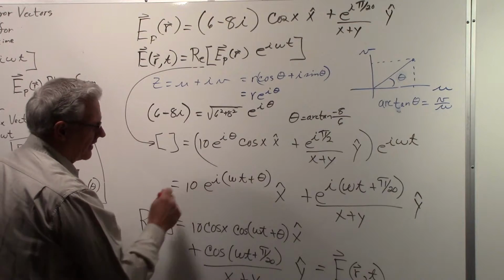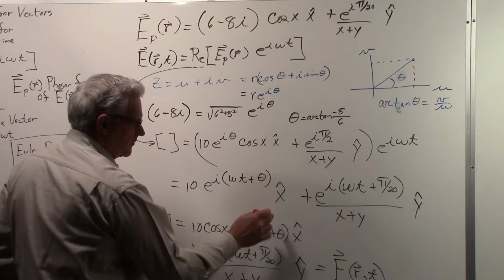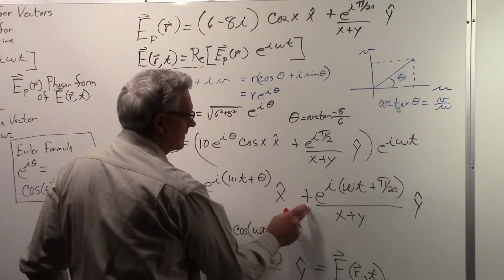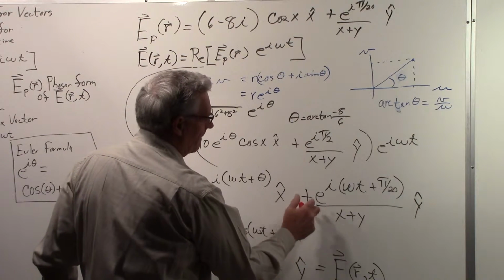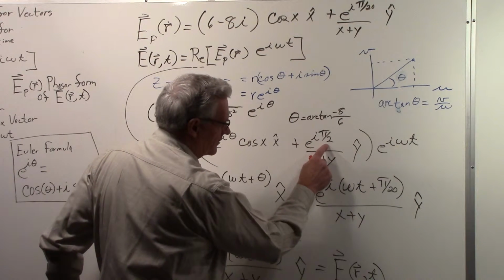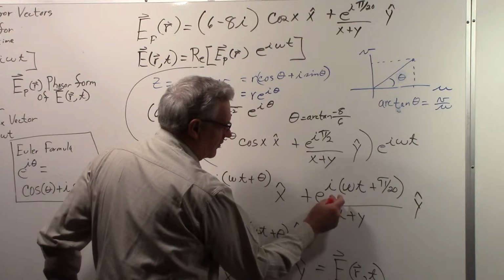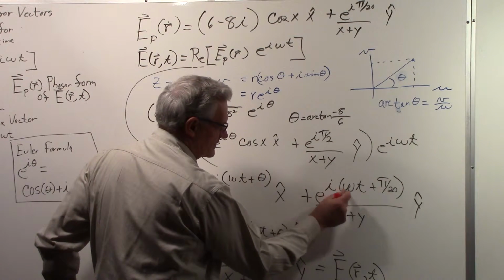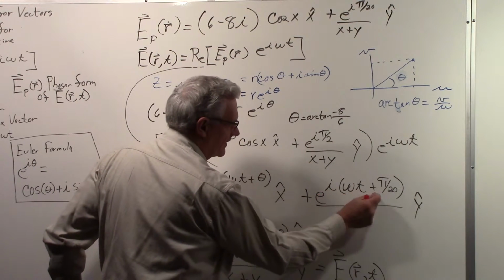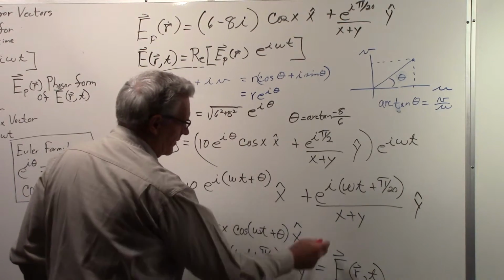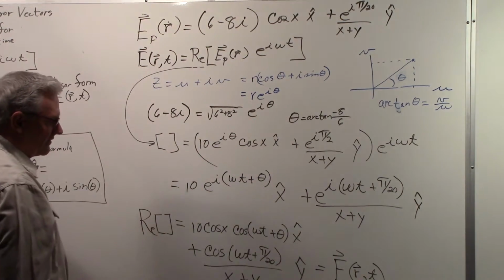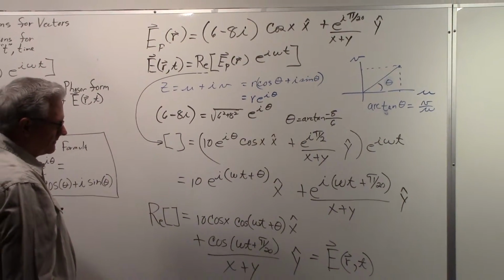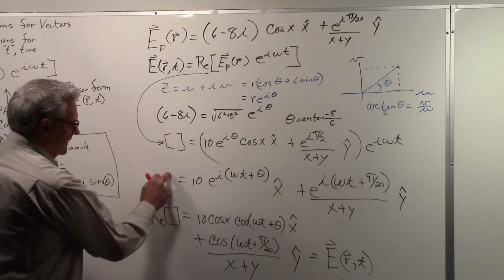That's the x component plus the y component. Here we have i pi over 2, i omega t. When we multiply through, we can combine it as a sum, i omega t plus pi over 2, times the unit vector y. So that's what's in this square brackets.